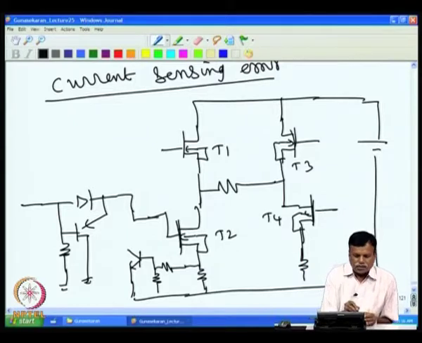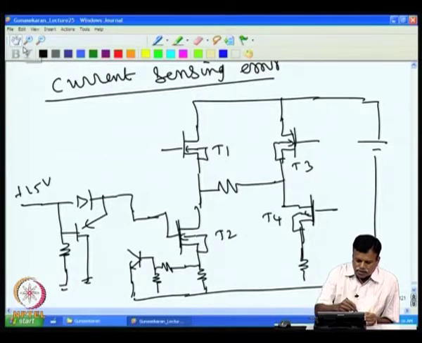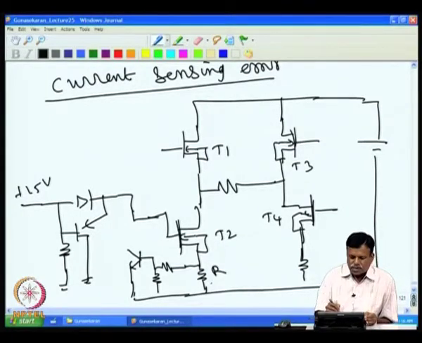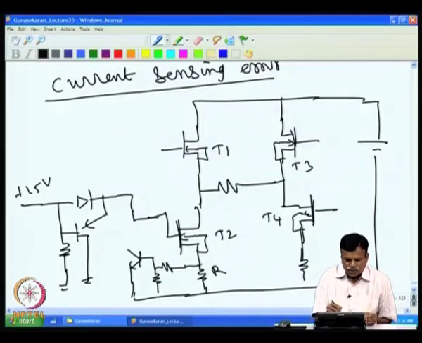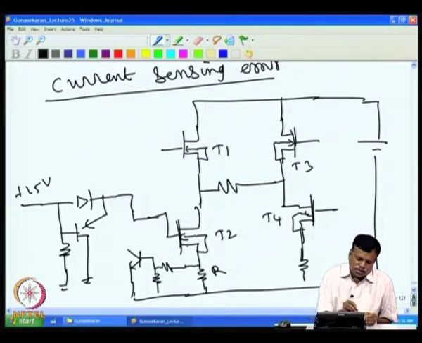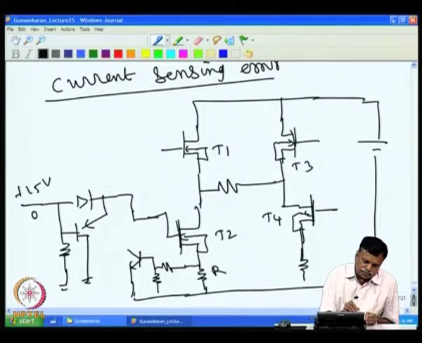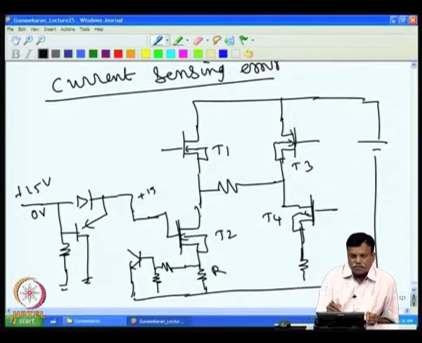When the plus 15 volt is given here, it is applied to the gate, and the gate turns on the MOSFET, and the current flows through this. We have this sense resistance R here, and the current flowing through it produces a voltage at this point. Similarly, when this is turned to 0, since this is already charged to plus 15 and this transistor conducts and discharges it, the MOSFET is switched on and off that way.